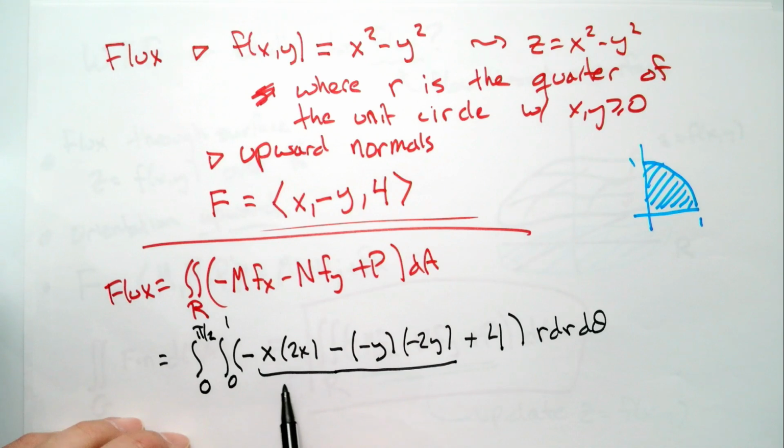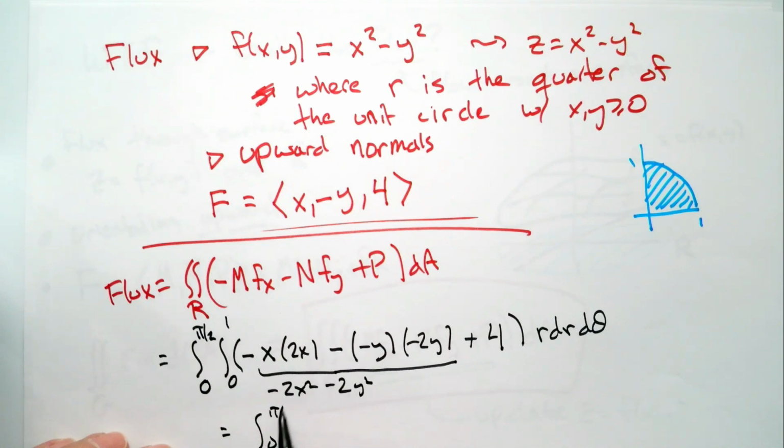So this becomes minus 2x squared and minus 2y squared, so what did we get there? Minus 2r squared. So 0 to pi halves, 0 to 1, 4 minus 2r squared times r. So I guess I could say 4r minus 2r cubed dr d theta.